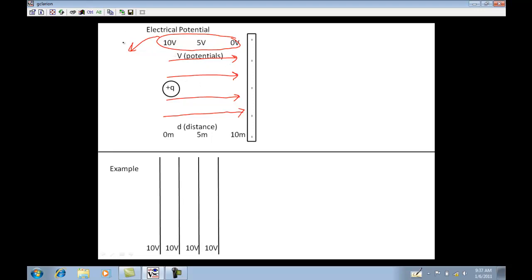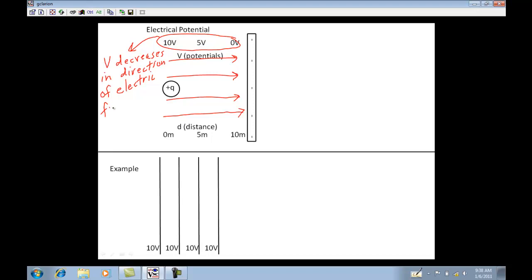They're decreasing. So we want to say that V decreases, and this is important, in the direction of the electric field.